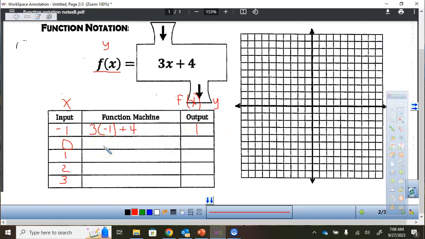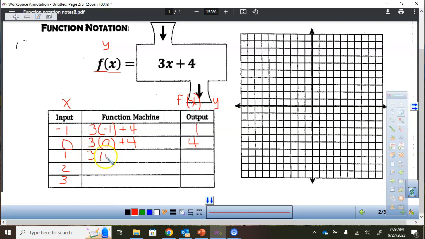Now, just like I can put anything into my function machine, chickens, fish, whatever, I can put in any input. So I put in -1. Now I'm going to input 0 into the same function. So I'm going to replace x with 0. I'm going to evaluate the same function for a different input. So now I'm going to do 3 times 0 plus 4. 3 times 0 is 0, plus 4 is 4, and so on. And do it again. This time my input is 1.